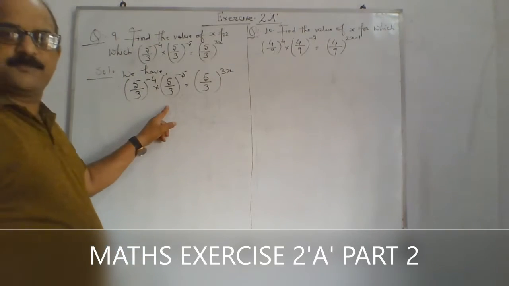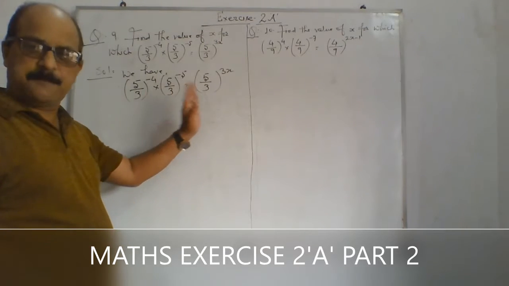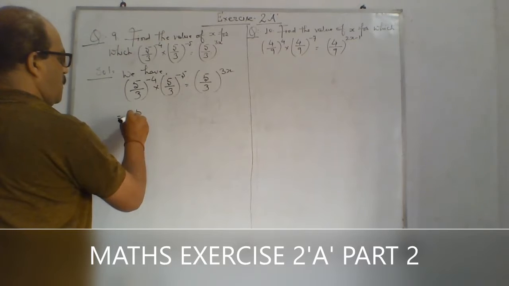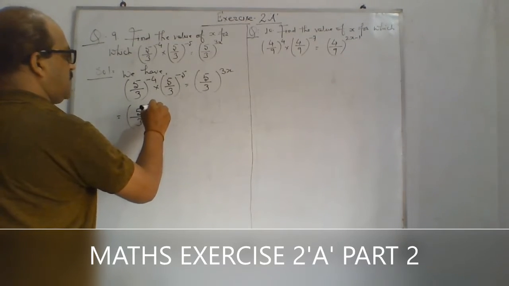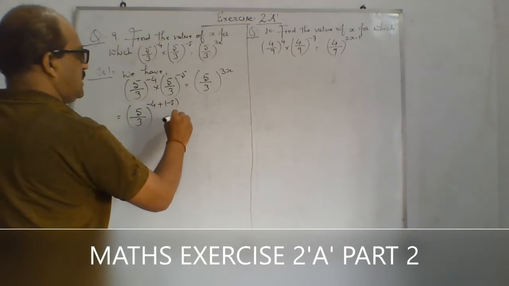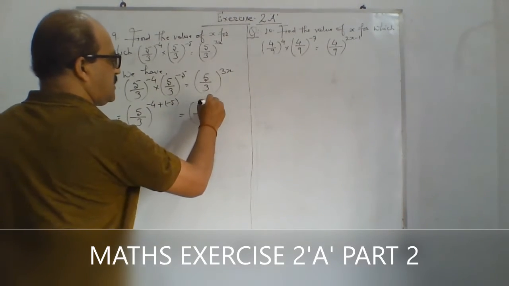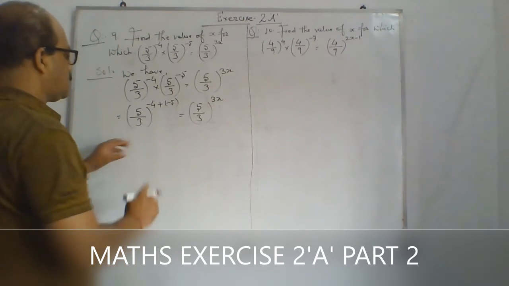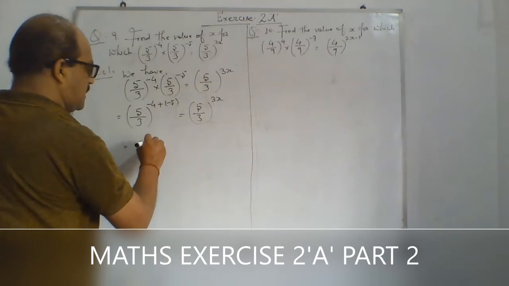Everywhere we have seen 5/3, so 5/3 is the base. (5/3)^(-4 + -5) = (5/3)^3x. In both places 5/3 is the base, so leave it, and this one, minus 9, is equal to 3x.